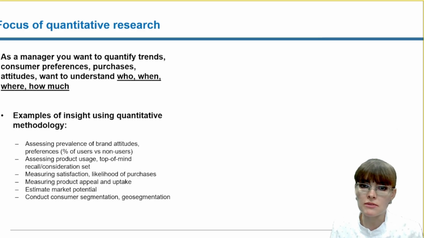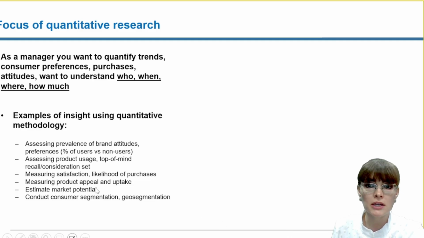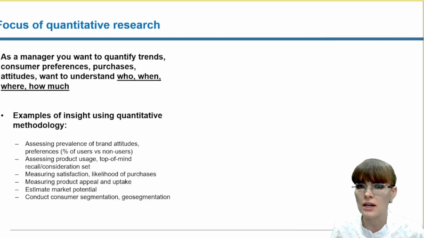We may measure satisfaction, likelihood of purchase, likelihood of retention, net promoter score, likelihood of recommending your brand to someone else. We can also estimate market potential, model pricing research. We can run experiments. We can test different advertisements on consumers. We can also conduct segmentation, which is AKA cluster analysis.